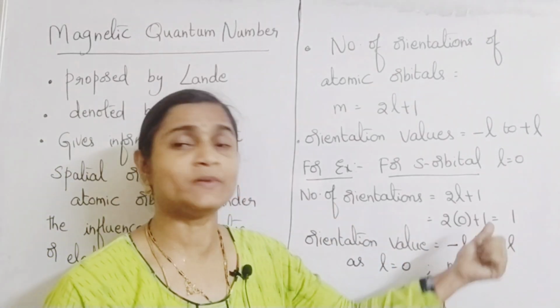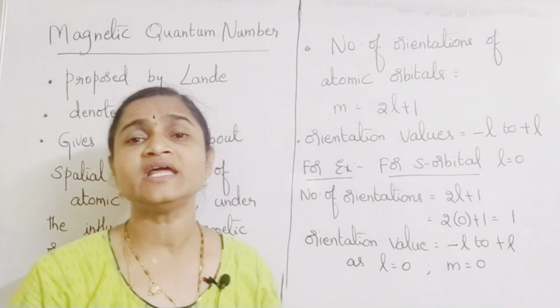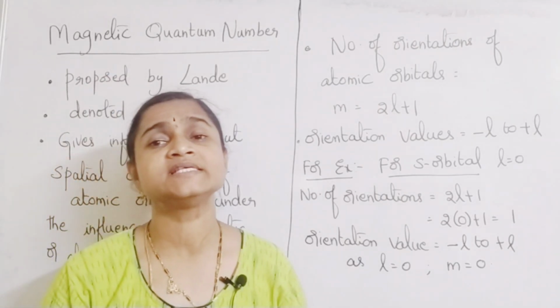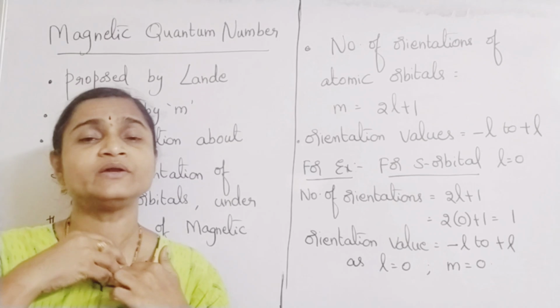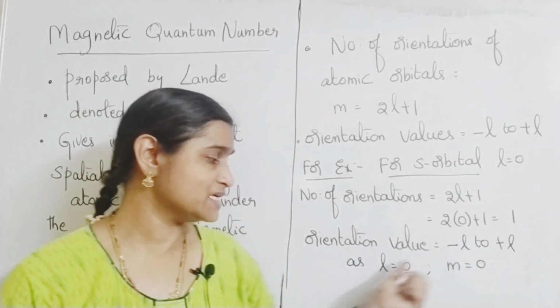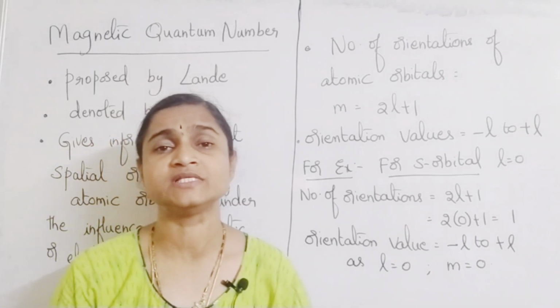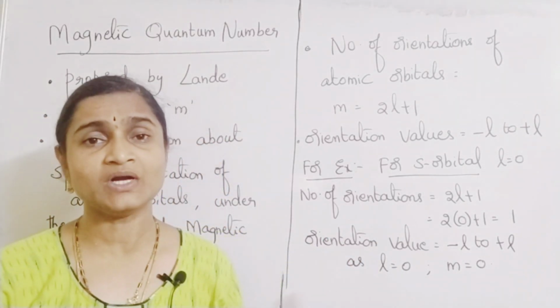So 2 into 0 plus 1 is equal to 1. Next, same like that, orientation values always exist between minus L to plus L. As L value is equal to 0, the orientation value for s orbital is equal to 0.